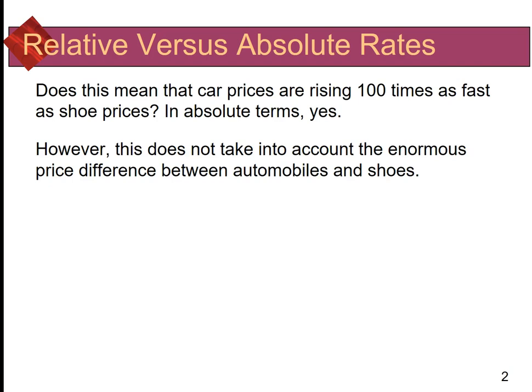If you're comparing absolutes, yes, but is that really the effect? Because the thing you're not taking into consideration at that point is that there is already a drastic difference in cost between shoes and automobiles.